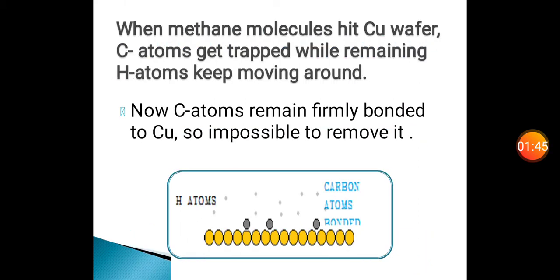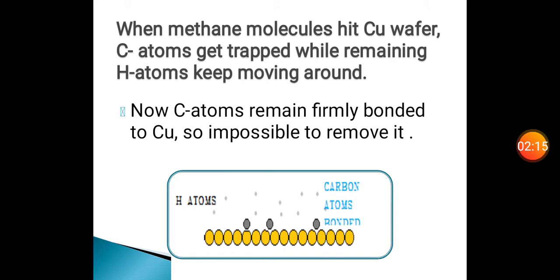Because of the thermal energy gained by the methane molecules, they move randomly and collide with the container and the copper wafer. At the moment a methane molecule collides with the copper wafer, the carbon atom gets trapped while the remaining hydrogen atoms get freed and keep moving around.